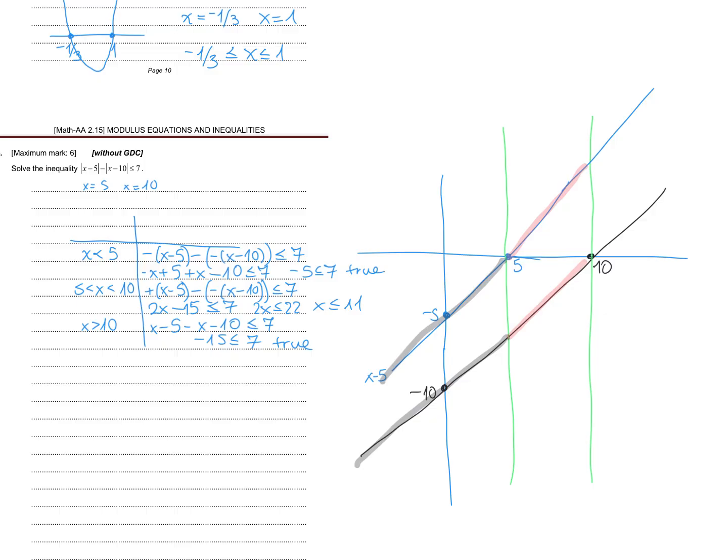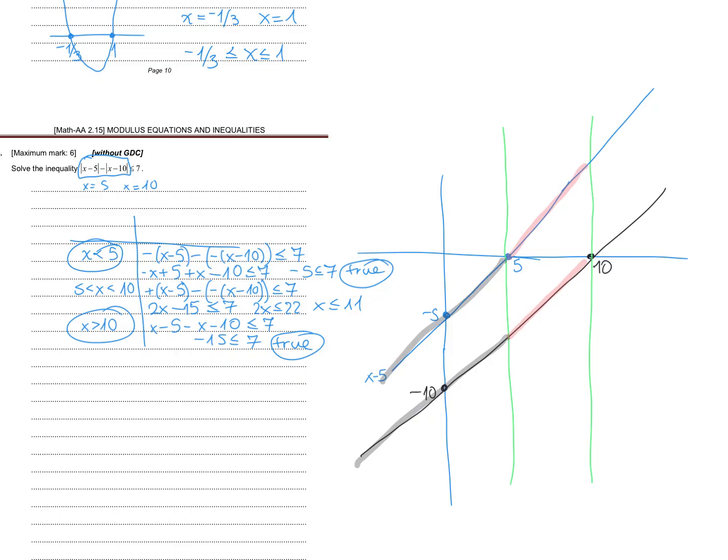So interpreting this, we've got when x is less than 5, it's true. Okay, it works. For all x's less than 5, this thing is less than 7. Same thing with x greater than 10, that thing is less than or equal to 7.